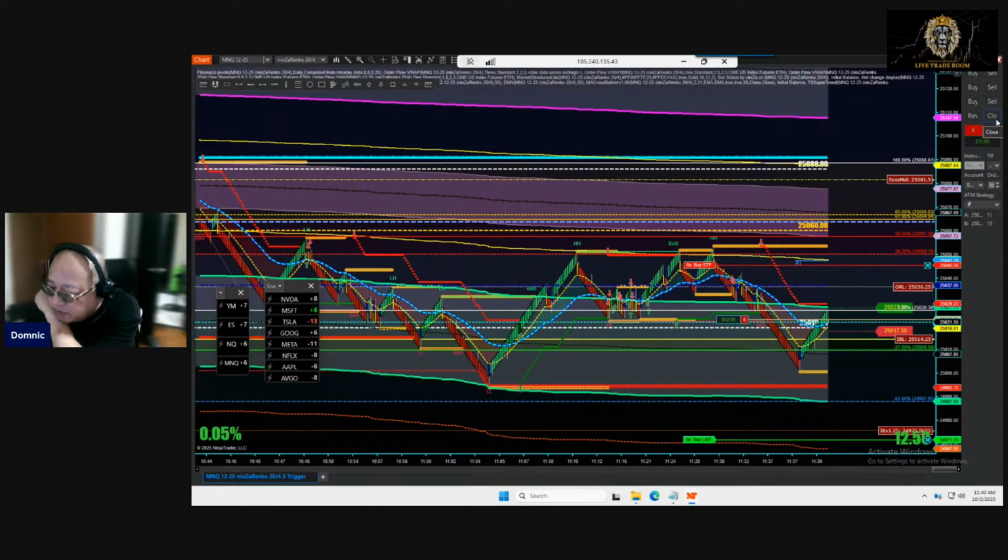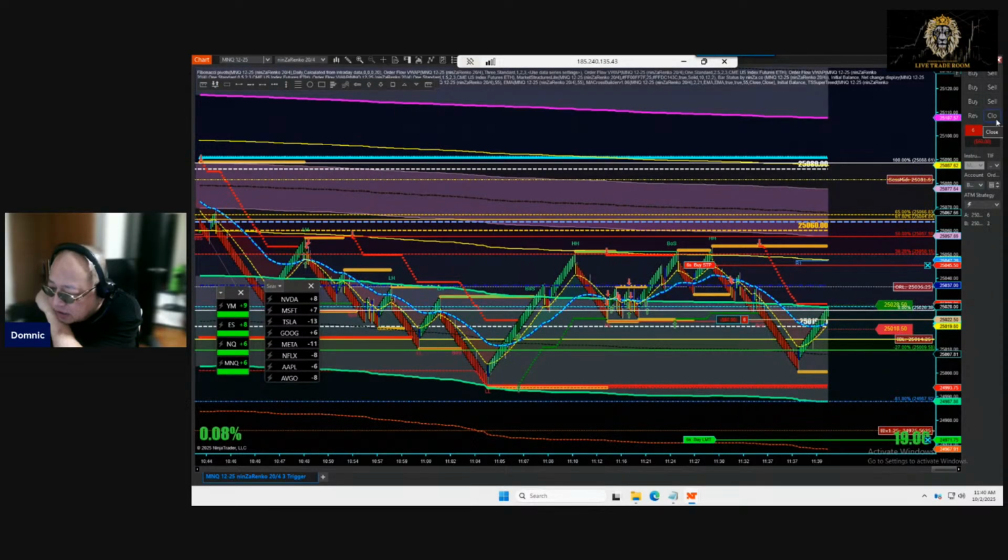You need to see a reversal bar to the downside to continue coming down. So let's see if they produce a lower high. They need to have a reversal bar though. If not, it looks like they're going to be going up. Yeah.